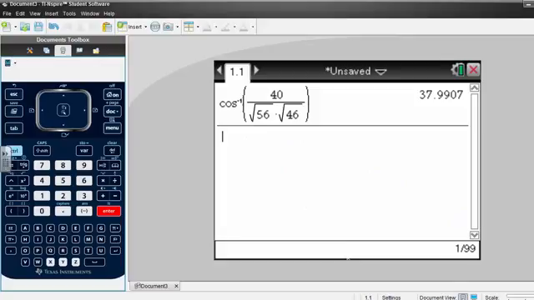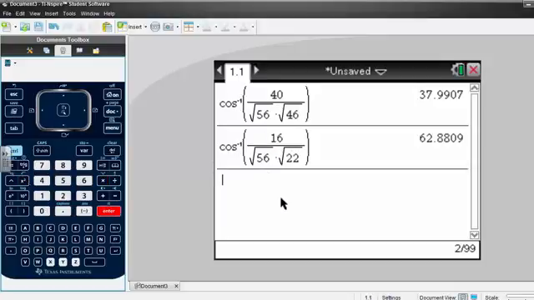So let's find that. So cosine inverse, control divide, 16 over root 56 times root 22. And that'll be about 63 degrees, 62.89 we'll say.